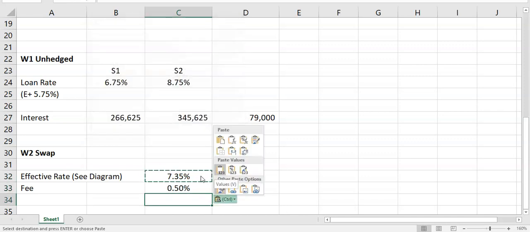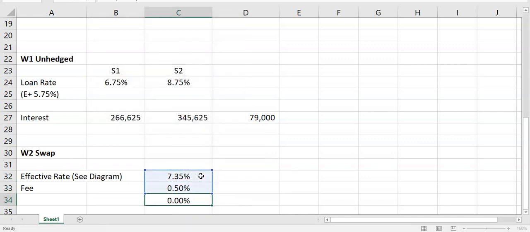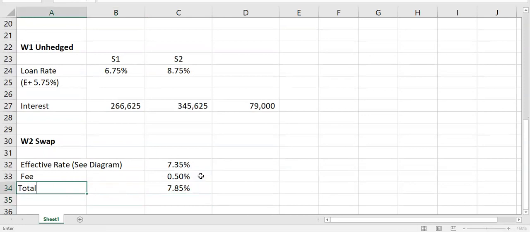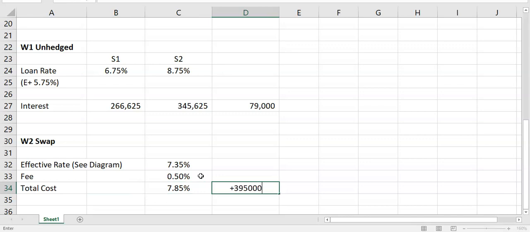So that means overall, your total cost is 7.85%, or in monetary terms, 3.95 million times 7.85%. So overall, 310,000, scenario 1 and scenario 2. So be careful there. It's the same in both, because you've effectively hedged your interest rate risk exposure.